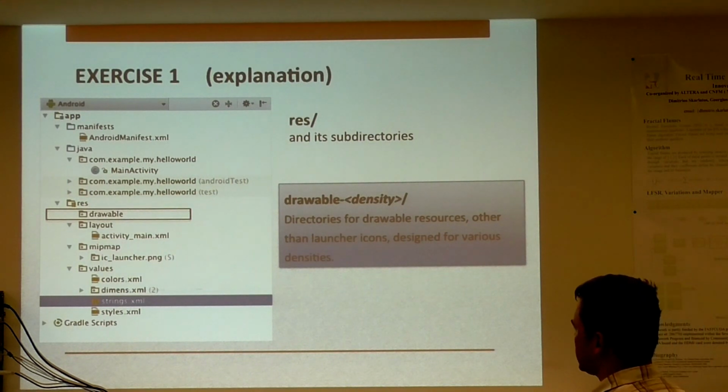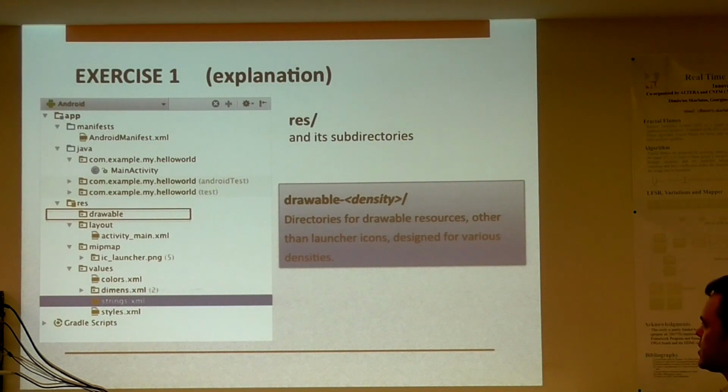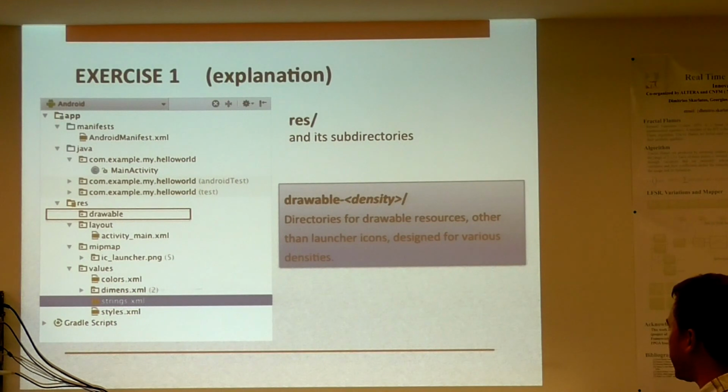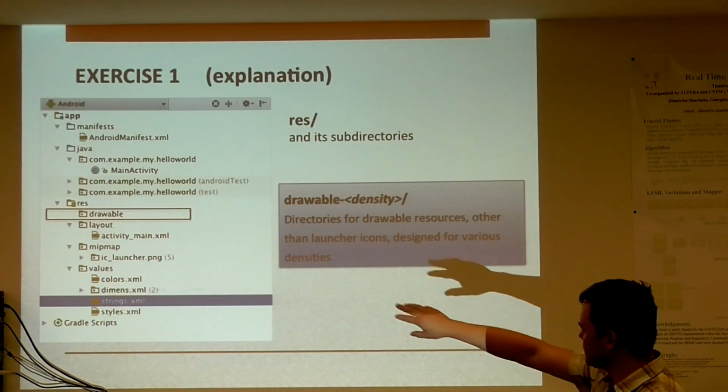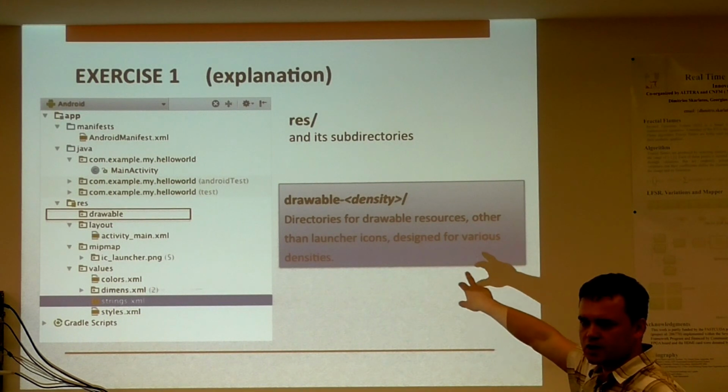Next, the rest, the directory is for resources, so drawable. Here you can store some data, some elements and icons. Especially you can see that there is the dash and density.